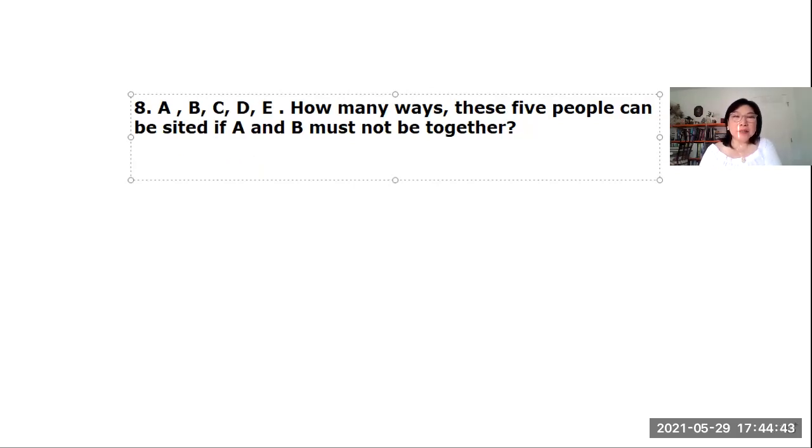Okay, before we do this, instead of trying to do case 1, case 2, which would be a tedious task, the easy way I suggest is using the formula: no restriction minus the case that A and B are together.